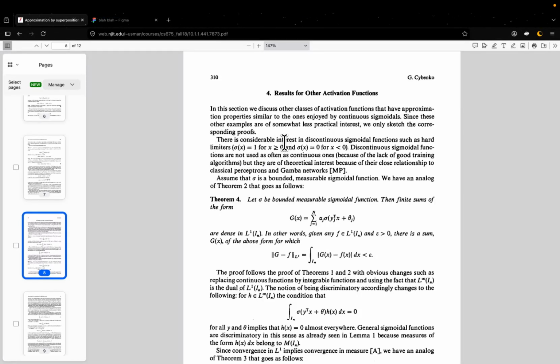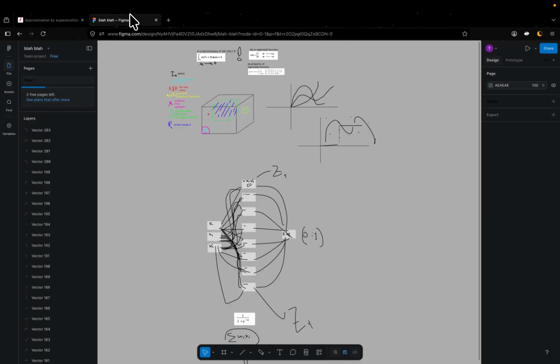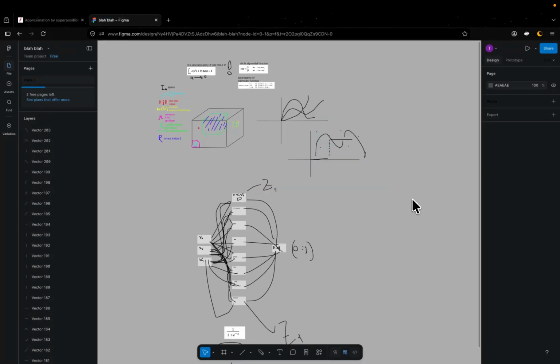There is considerable interest in discontinuous sigmoidal functions, such as hard limiters. So we're looking at limiters. Discontinuous sigmoidal functions are not used like continuous ones, because they lack good training algorithms, but they are of theoretical interest because of their close relationship to classical perceptrons and neural networks.